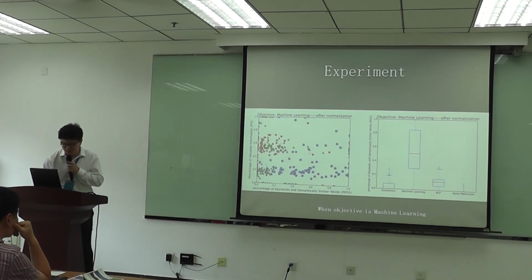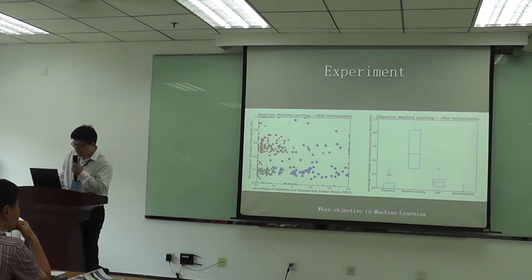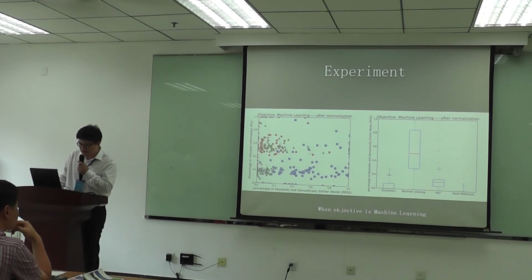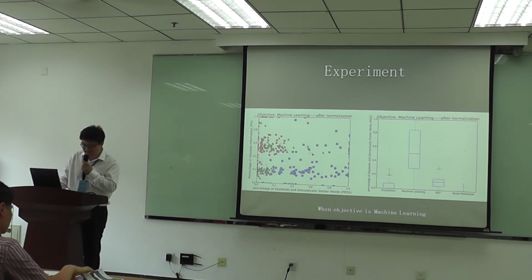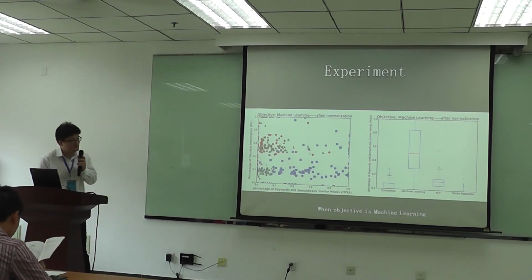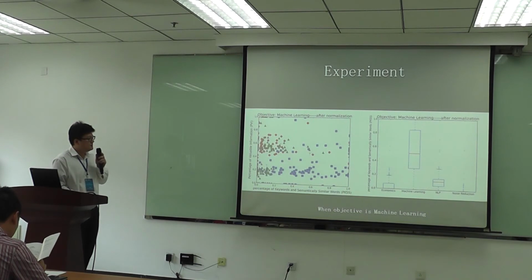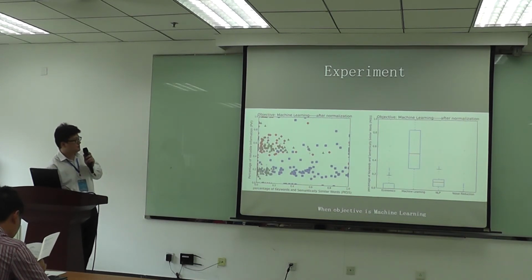For the second group, when the objective is machine learning, we see natural language processing as the second highest value. Those blue square spots are those files that have machine learning in their metadata.